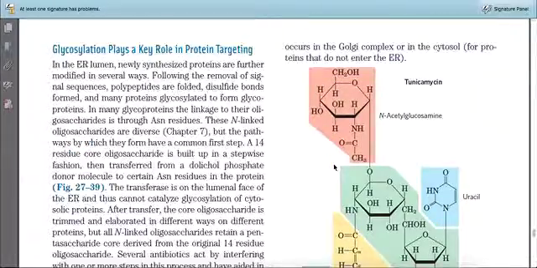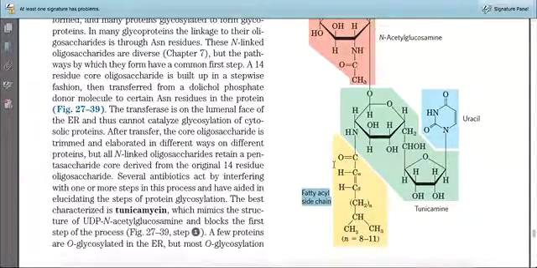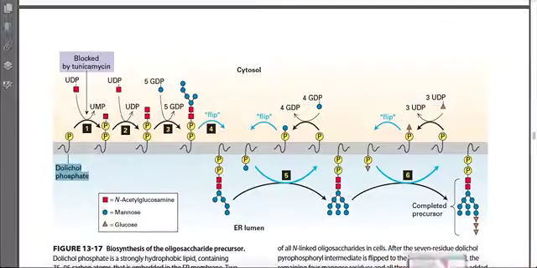So with this structure you can draw a conclusion that once the tunicamycin is available, it does not allow the entry of UDP bound N-acetyl glucosamine, and it is an antibacterial agent, so it is very easy to understand.